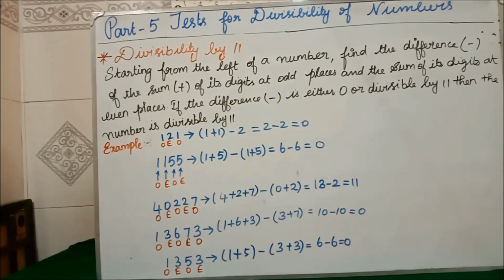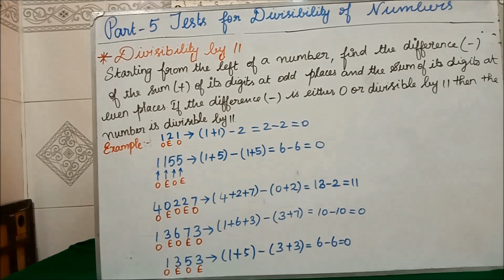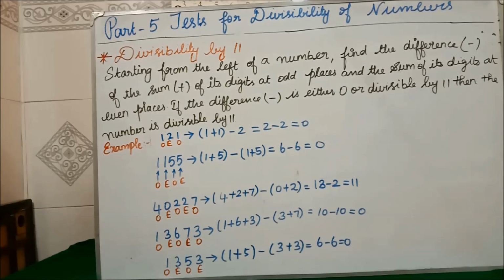What they are saying in the statement is, you see the example first. 121. First number alone you have to check. This is the first number, second number, third number. The first number is what? Odd. The second number is what? Even. The third number is what? Again odd. Okay. You have to add the odd-place numbers first.